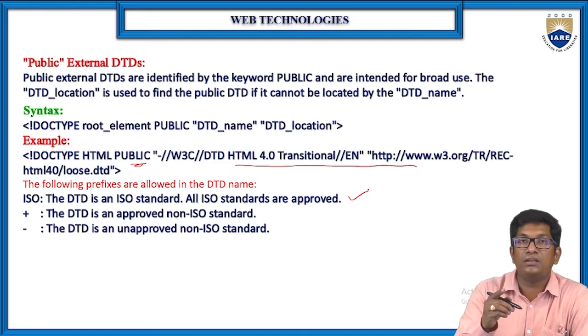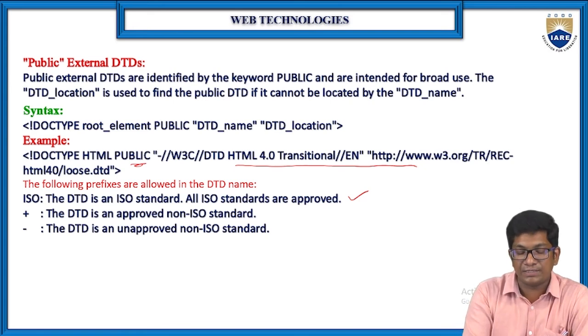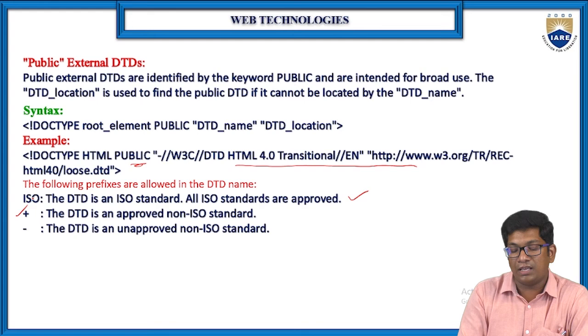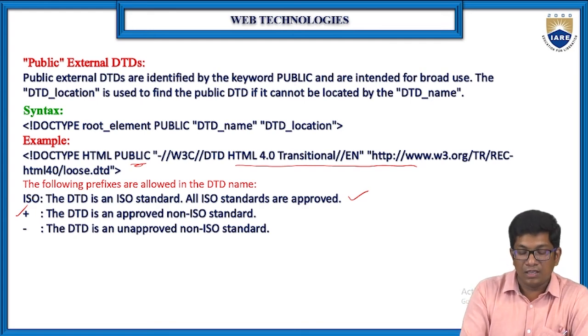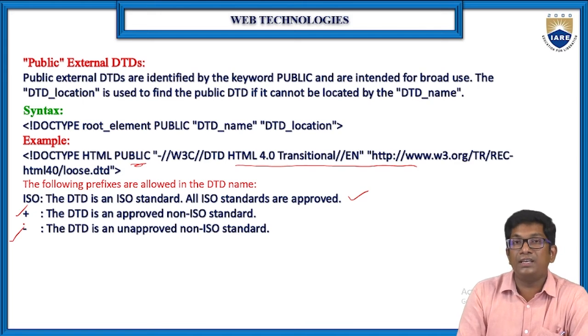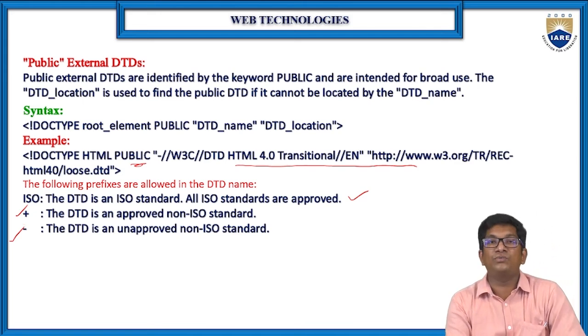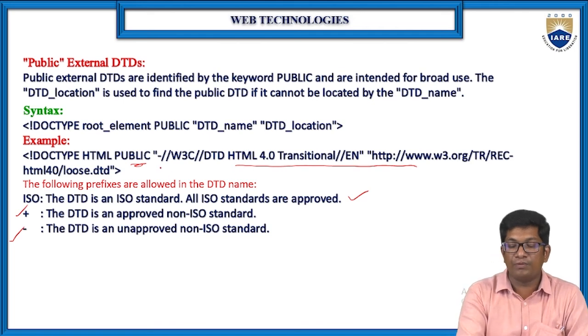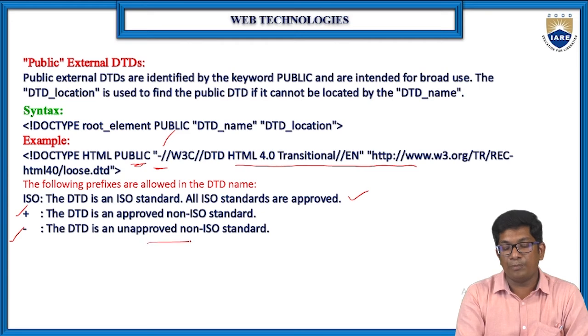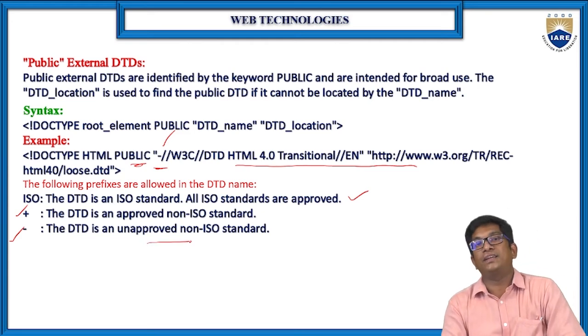So if you specify ISO before that public, it follows all your ISO standards. Plus symbol means the DTD is an approved non-ISO standard. If you display minus, the DTD is an unapproved non-ISO standard. Okay. So here it is displayed before the URL. Suppose you display minus here, it means the DTD is an unapproved non-ISO standard.